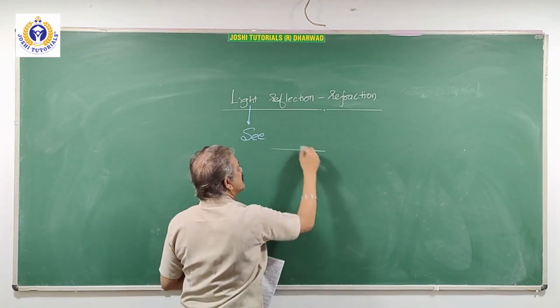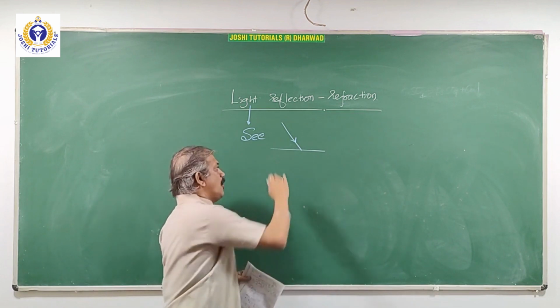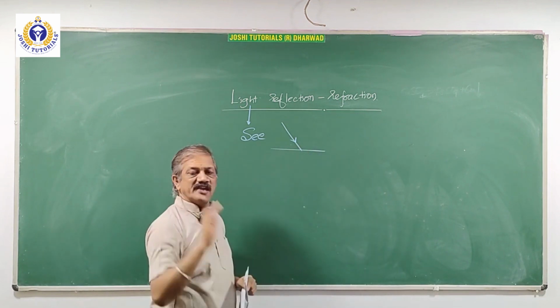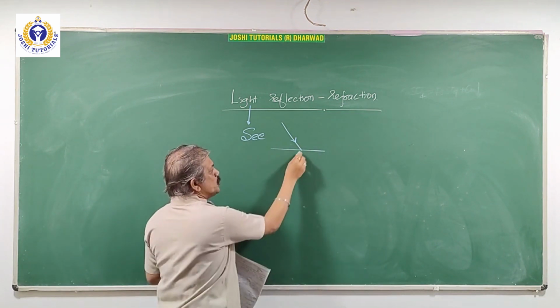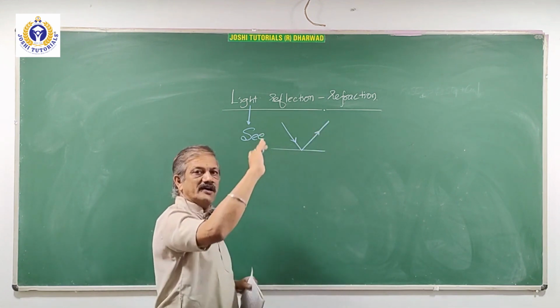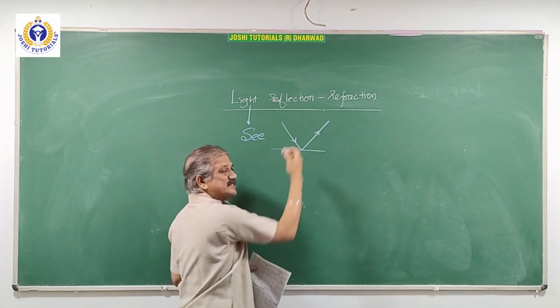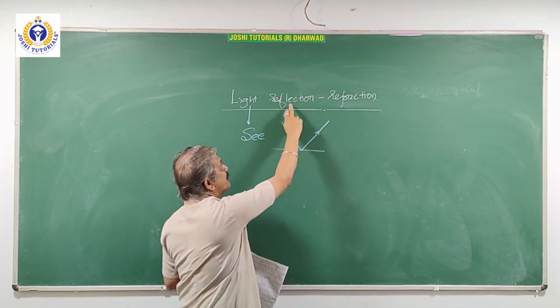Reflection means when a ray of light falls on a surface, say it is polished, you know that it bounces back to the same medium. When it bounces back to the same medium, we call it reflection.